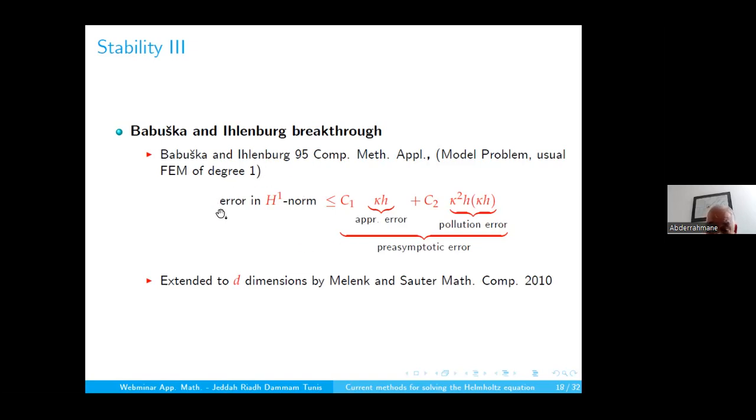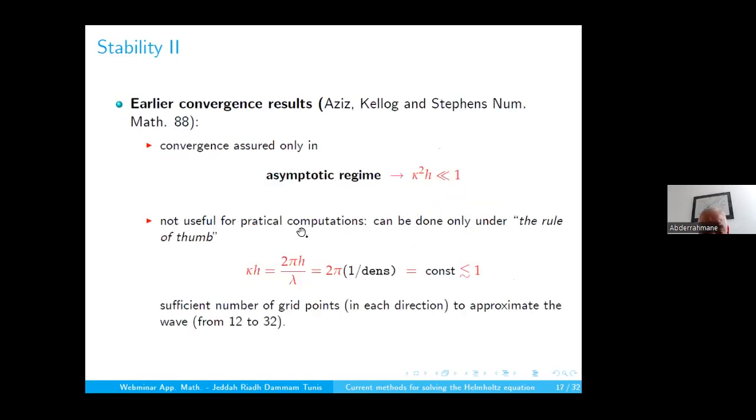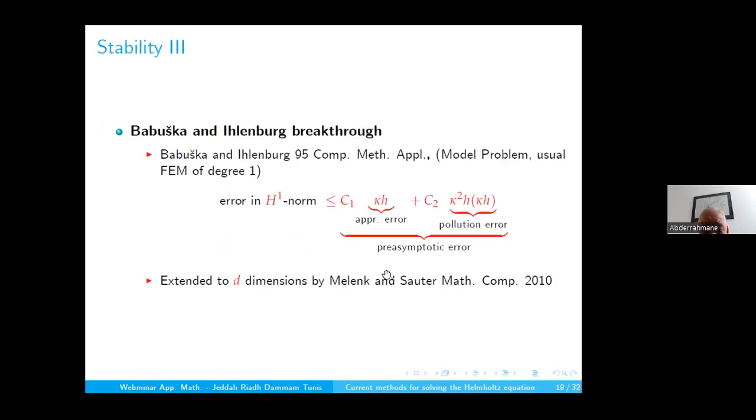They show that the error, in fact, for the model problem, but it can be anticipated for much more complicated problems, is a superposition of two types of error: the approximation error, which is the usual error in the finite element approximation, but another term they call the pollution error, and it is in this form.